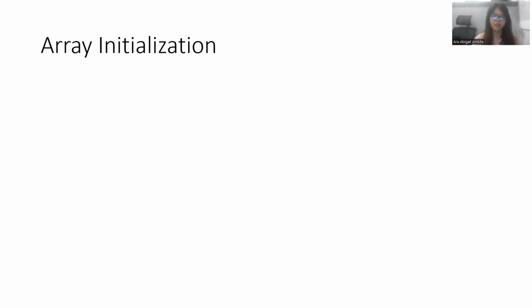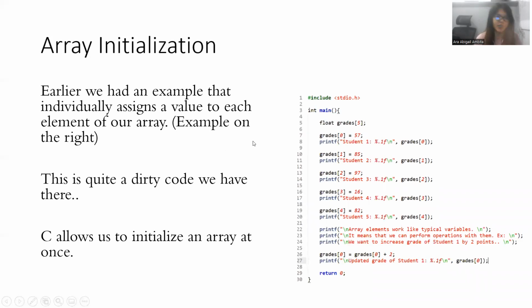Okay. So earlier we have an example that individually assigns a value to each element of our array. So here's an example. We know that an individual element in an array works like an ordinary variable, and it's an L value, which means that for each element we can assign values to them.